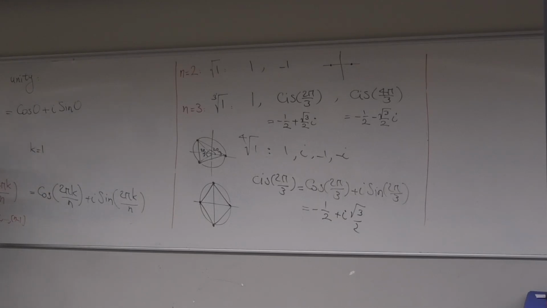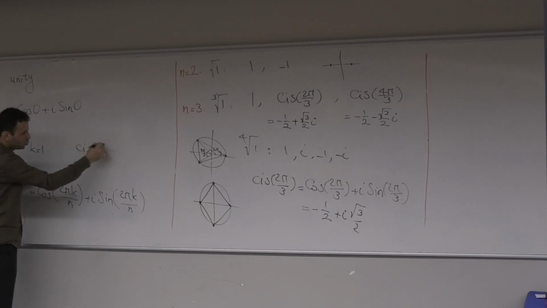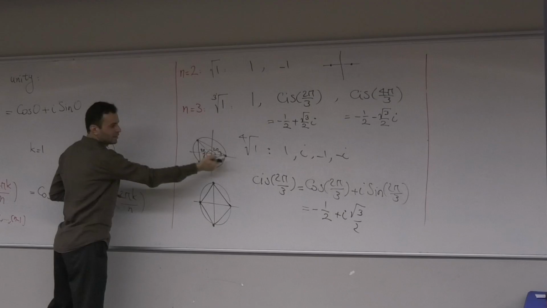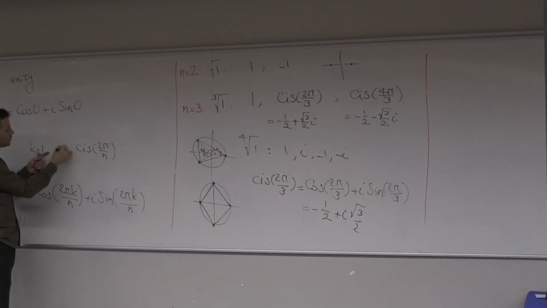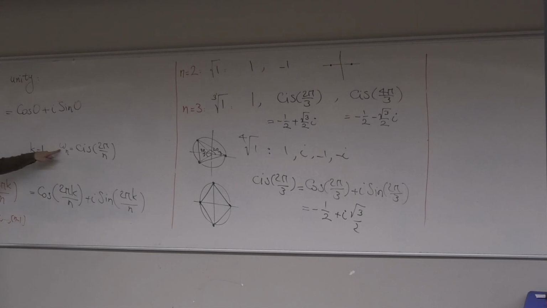One other thing that I need to say to you, when we are selecting this k equal to 1, okay? This cis of 2 pi divided by n, or the first one after 1 that is coming with a positive angle, we normally show it with this w index n, or omega n, okay? Which means the nth roots of unity.